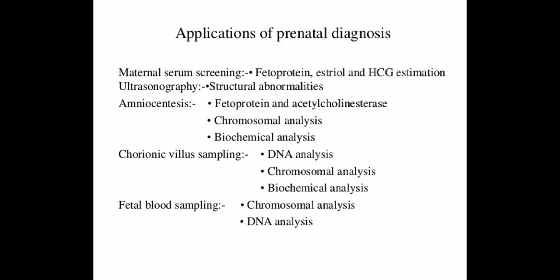In amniocentesis, we can take samples for alpha fetoprotein and acetylcholinesterase, and chromosomal and biochemical analysis can be done. In chorionic villus sampling, we can do DNA analysis of the fetus, chromosomal analysis and biochemical analysis. In fetal blood sampling, we can do chromosomal analysis and DNA analysis of the fetus.